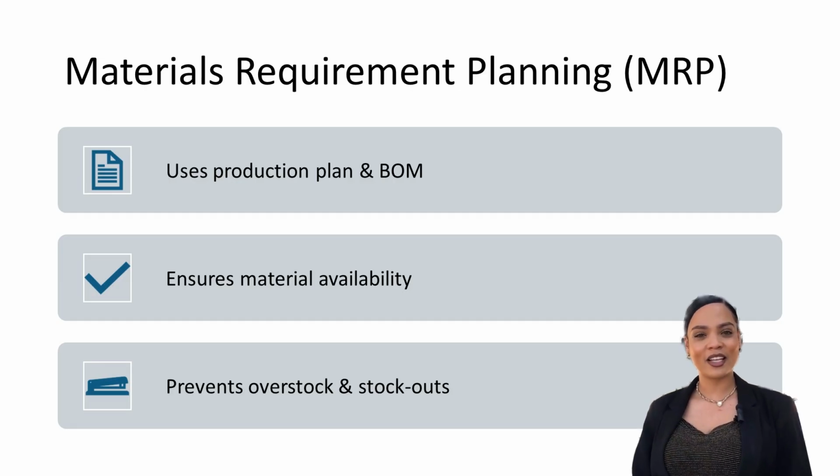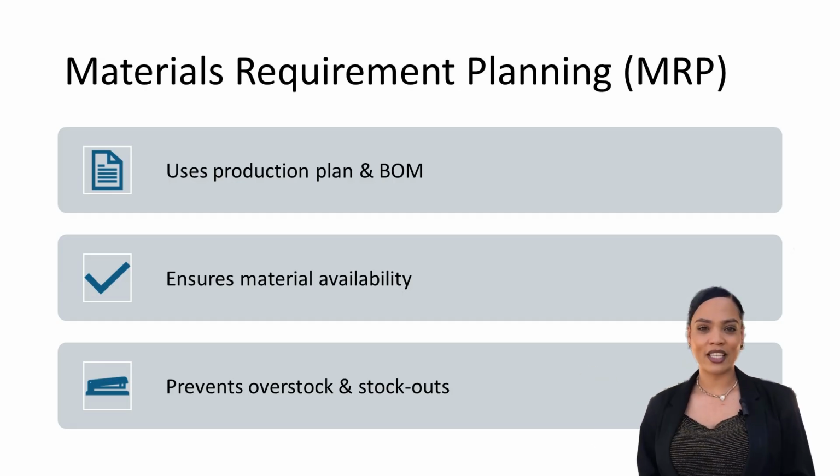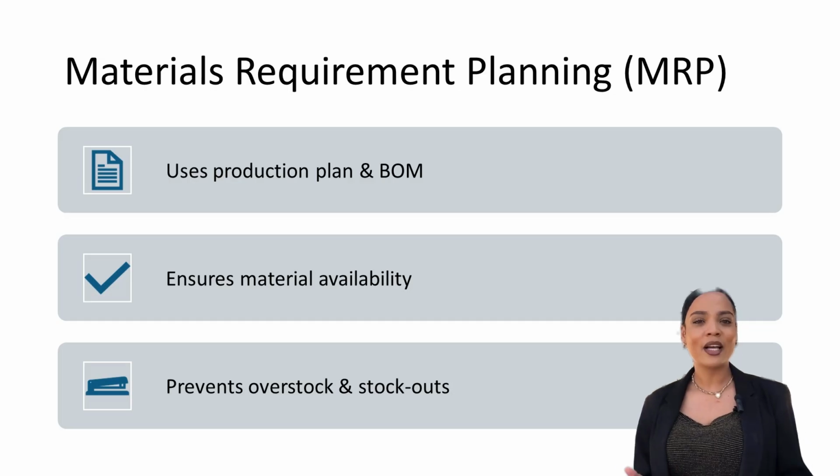MRP uses production schedules, bills of materials, and current stock levels to ensure the right material is available at the right time. MRP pulls information from several key sources to function effectively.